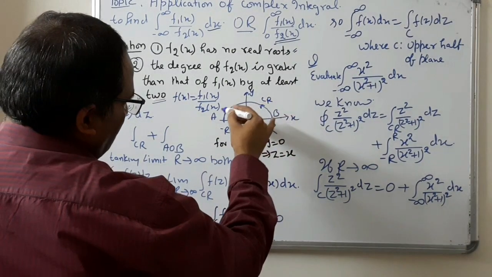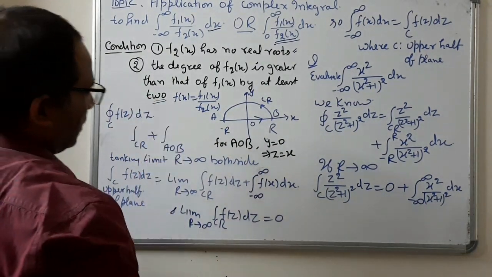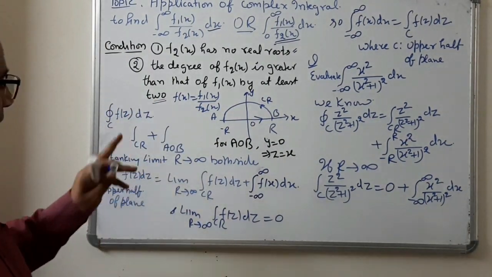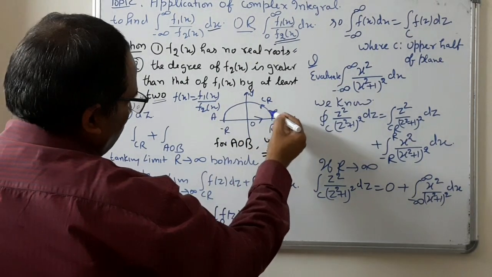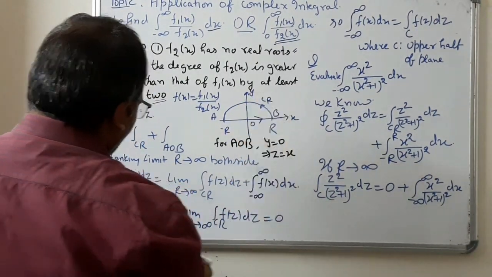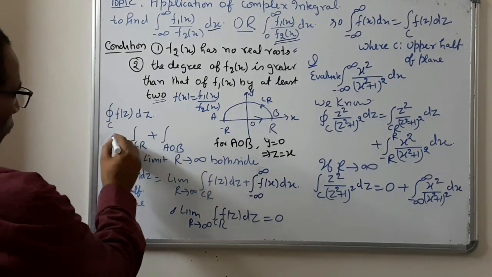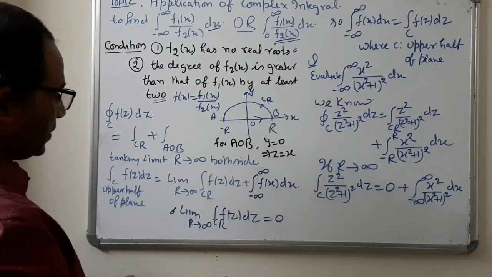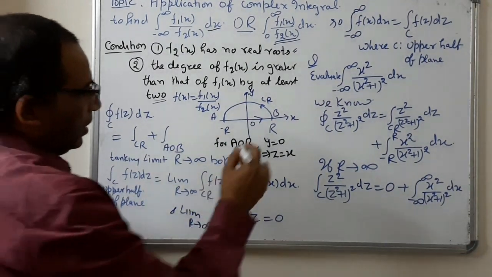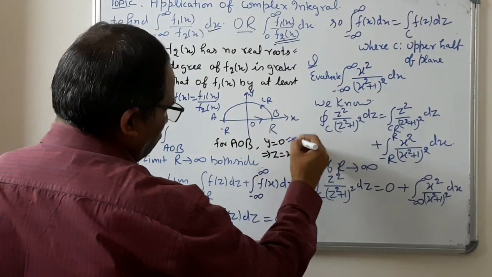Then the complex integral on contour C, f(z) dz, can be defined as the integral on C_R plus the integral on AOB. So the integral over C of f(z) dz is equal to the integral on C_R plus the integral on AOB. On AOB, the value of y is equal to 0.